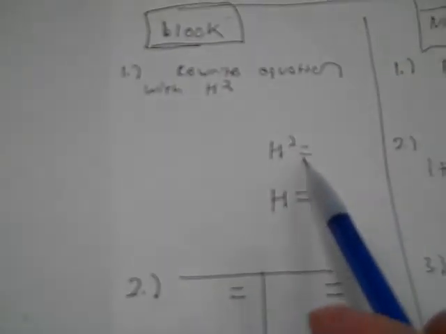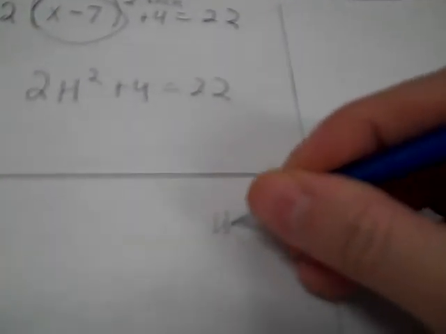So now it's been rewritten, and my job there is to get h squared by itself, and then get h by itself. Remember, you're also going to need a table because once you get down here, you have to bring back your x minus 7.